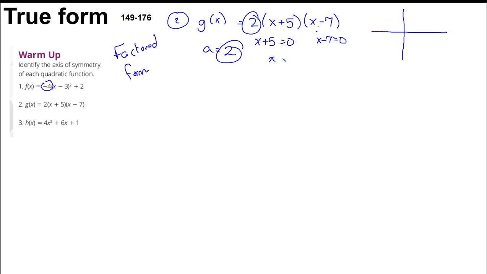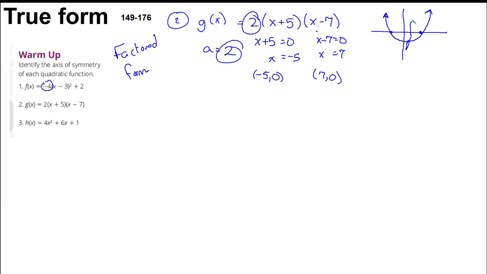So when x is equal to negative 5, so negative 5, comma, 0, and when x is equal to positive 7, so 7, comma, 0. And so I am going to go ahead and sketch those 2 points, roughly. This told me my graph was going up, so that means my parabola would look something like this.